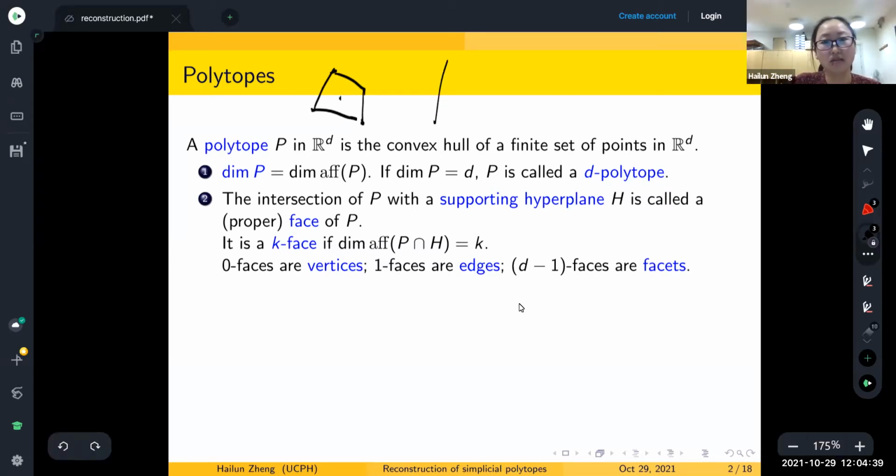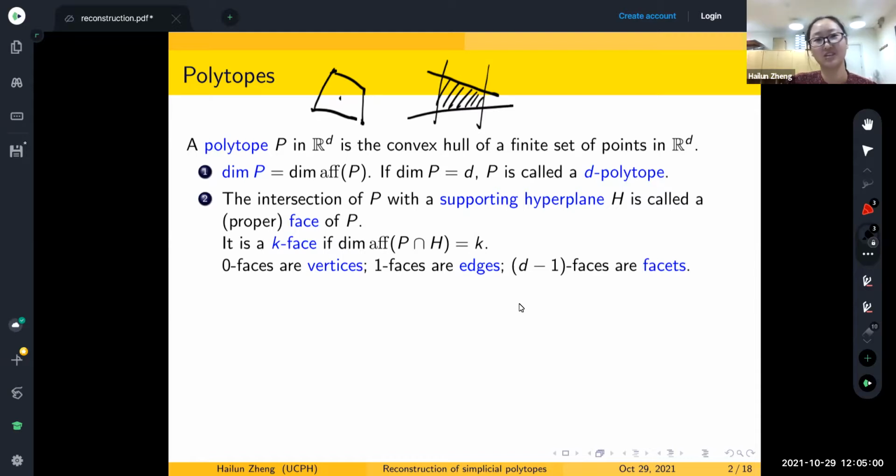Consider lines that cut the space into closed half spaces, and then we take the bounded intersection of closed half spaces. This is another way to define polytopes. It is not obvious that these two definitions are equivalent, but you can prove that they are. So we just take this as our definition, and we are going to define a couple of terms.